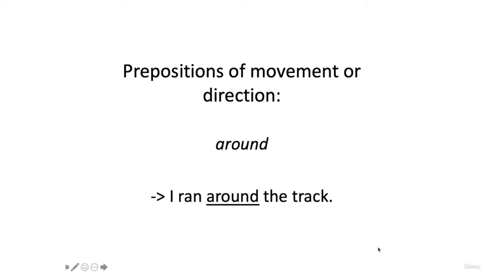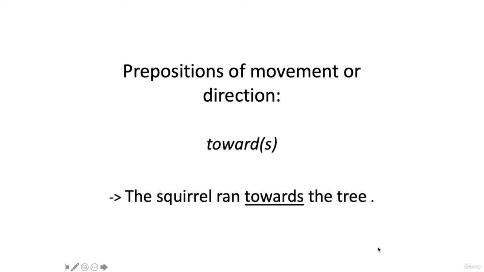I ran around the track. Towards. We use towards when something is moving closer to something else. For example, the squirrel ran towards the tree. This means the squirrel is closer and closer to the tree.